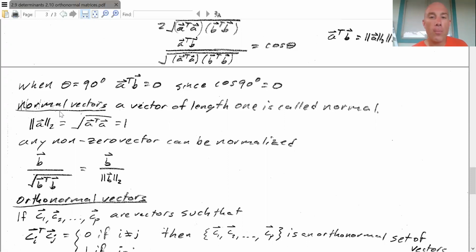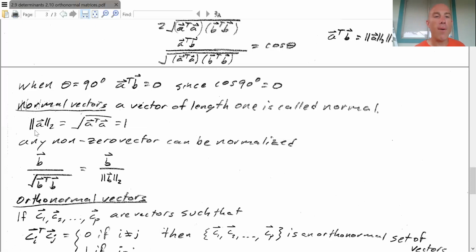Why do we like normal vectors? Well, it standardizes what we're working with, and it makes it easier to interpret what's going on. So a vector of length 1 is called normal.